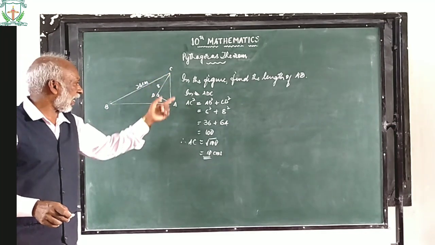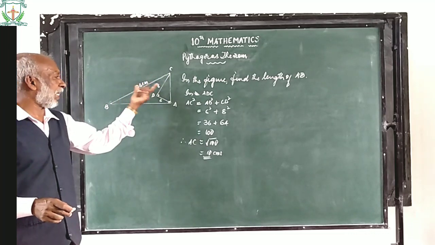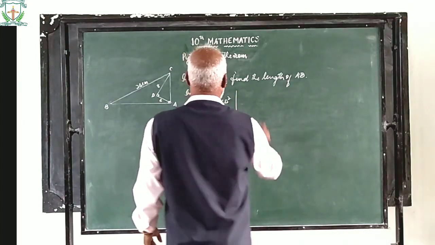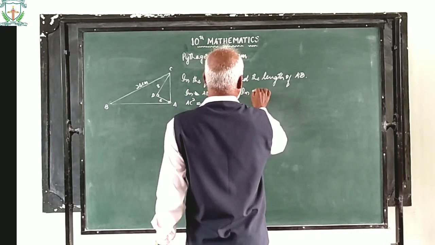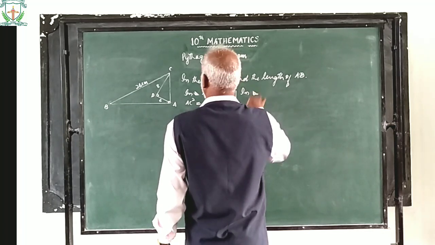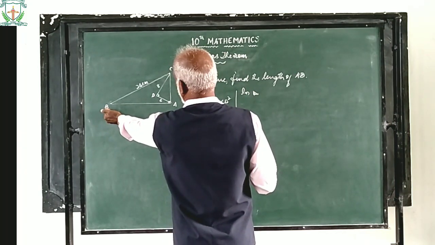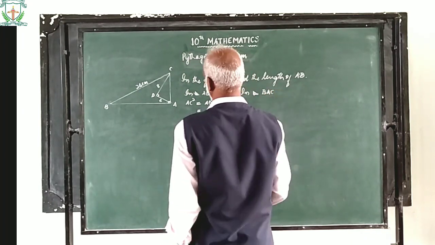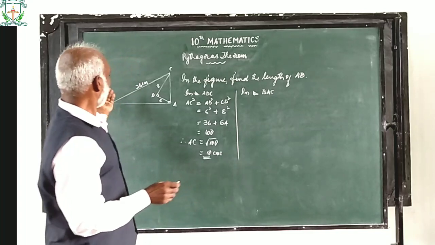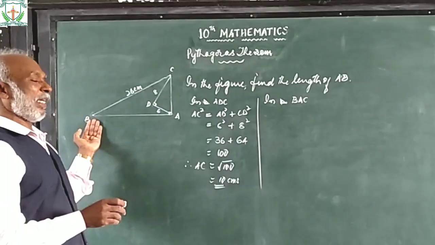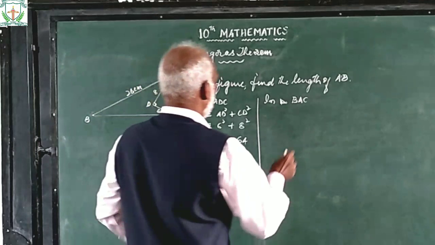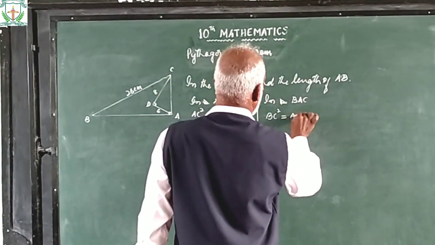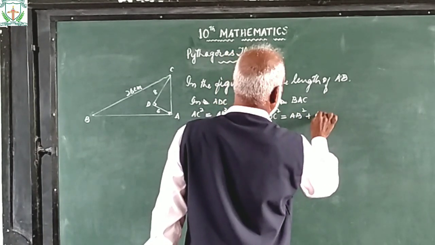So in this right angled triangle, two sides are known. So you can find the third side. In right angled triangle BAC, you want to find AB, length of AB. So you know BC square is equal to AB square plus AC square.